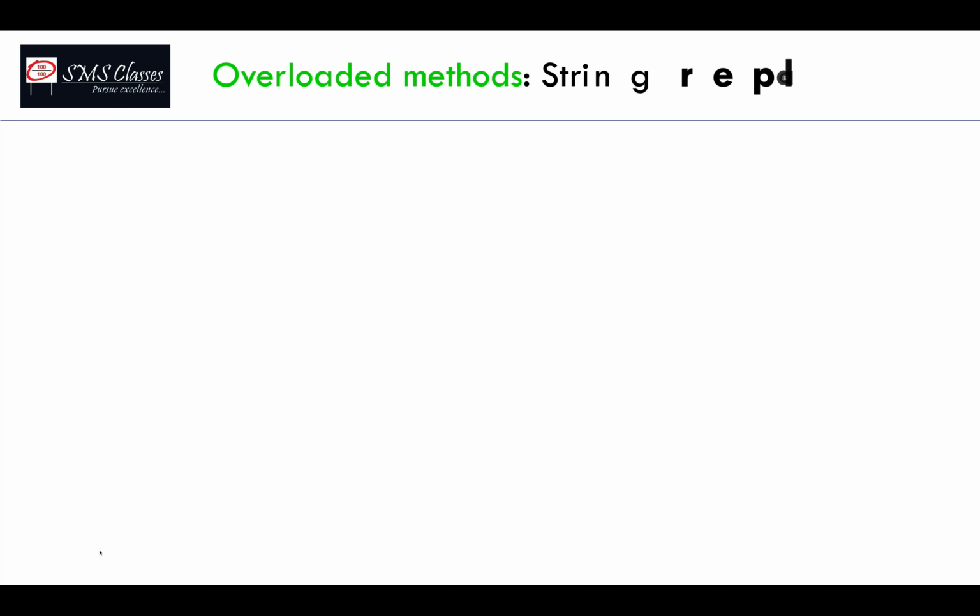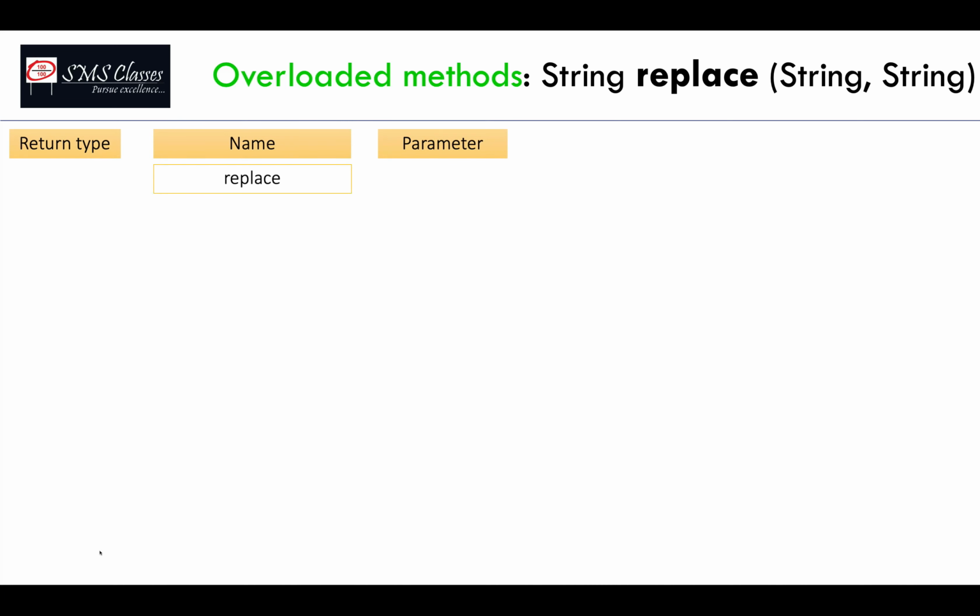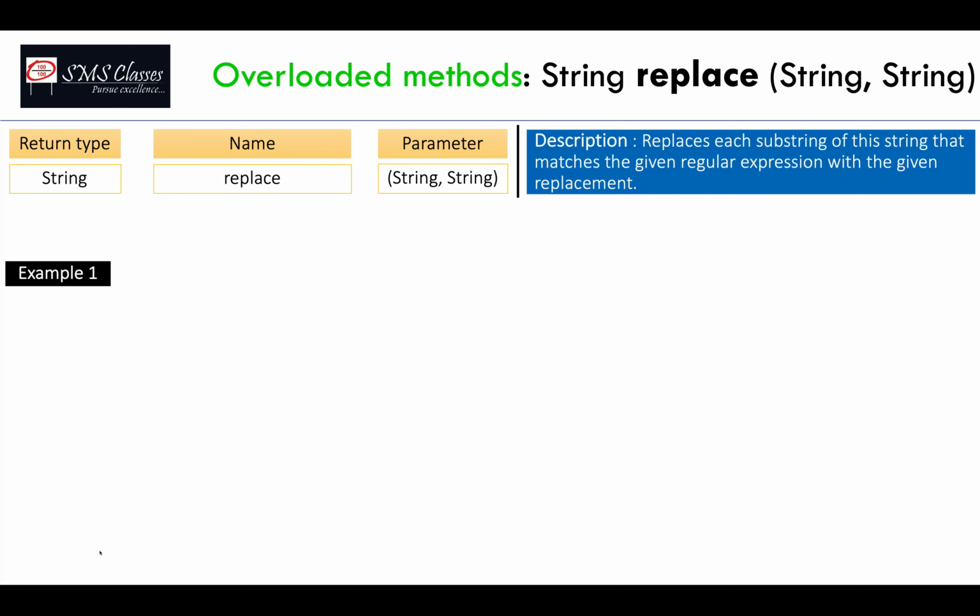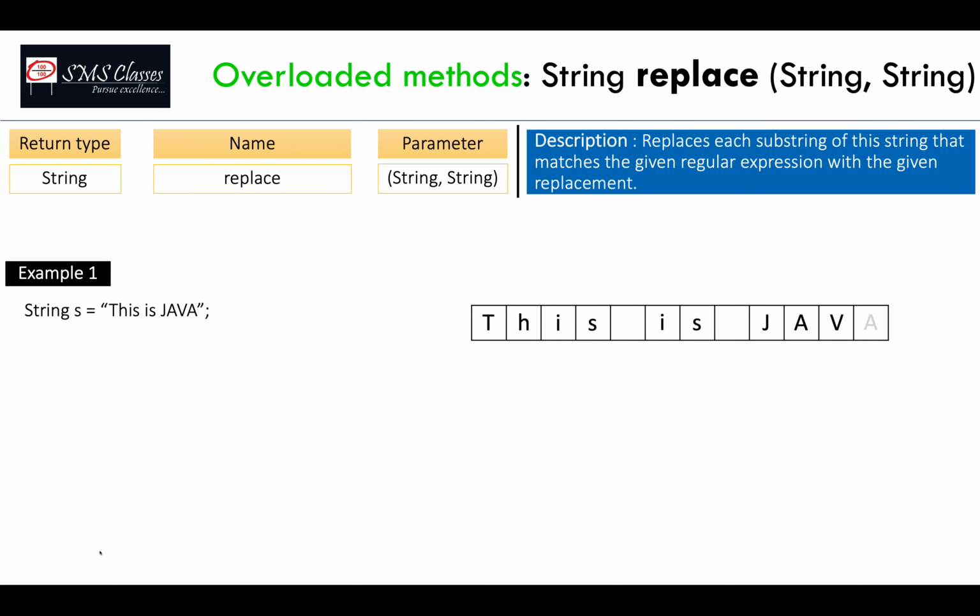Now let's see some overloaded methods in String. We have already seen the replace method. Now there is a version with string comma string parameters also. That is, s dot replace is by was. That is, a string is replaced by another string, was. Before, what we saw was one character replaced by another character.